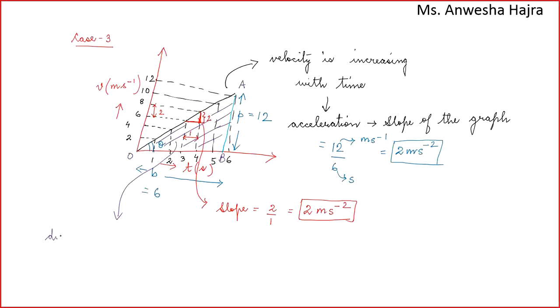So the distance covered is the area of the triangle OAB. Formula for area is half into base into height.